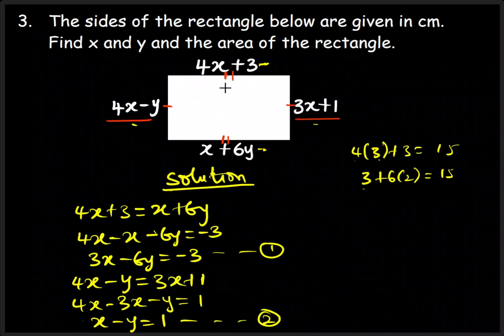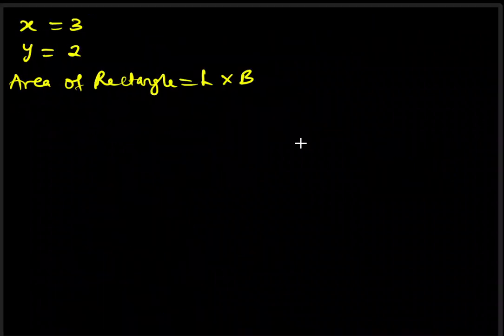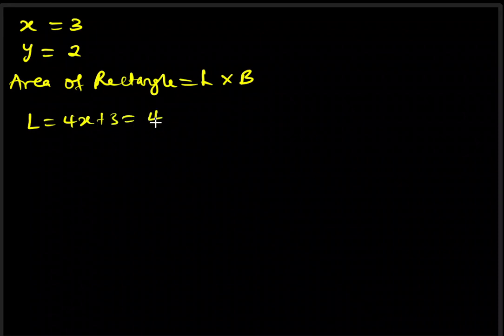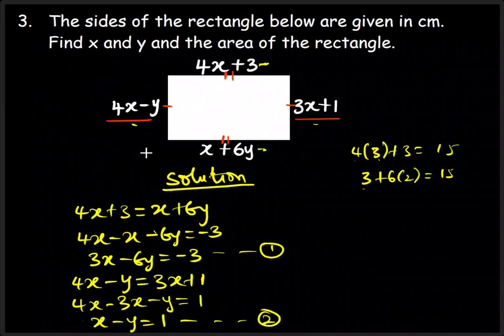So let me pick 4x plus 3. My length is equal to 4x plus 3, which is 4(3) plus 3, which is equal to 15. And then what is the breadth?